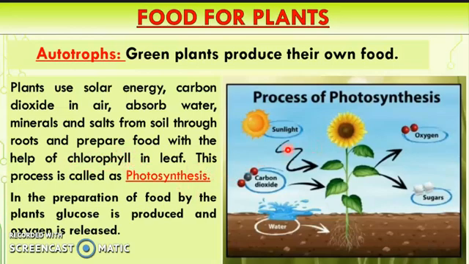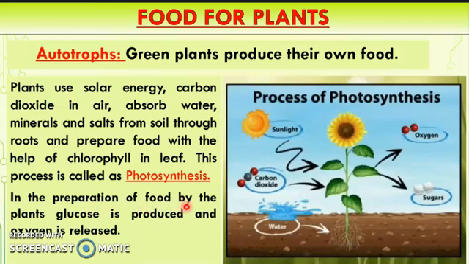And all these substances like sunlight, carbon dioxide, water, and minerals and salts present in the soil are absorbed through the roots of the plant, and with the help of the chlorophyll, the food is prepared. This process of preparation of the food is called photosynthesis. Understood, my children? This preparation of food process is called photosynthesis.